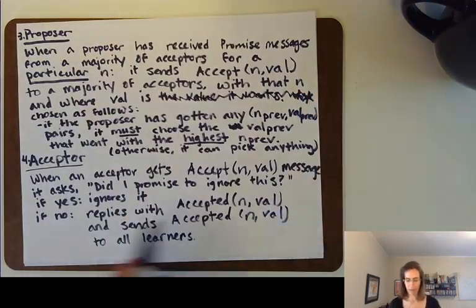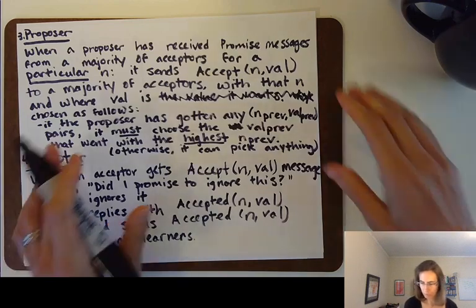Instead, it can reply and accept. But, well, it checks to see if it previously promised to ignore requests with that proposal number. It did not. So it replies.